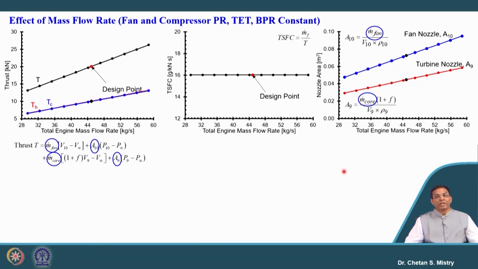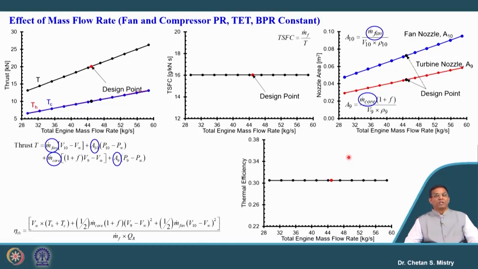For both cases, if we increase the mass flow rate, it is but obvious that it is in direct proportion with the area, and that is the reason why my area will increase. So, my exit area of fan nozzle and exit area of cold nozzle will be higher. Okay. And this represents the thermal efficiency point.